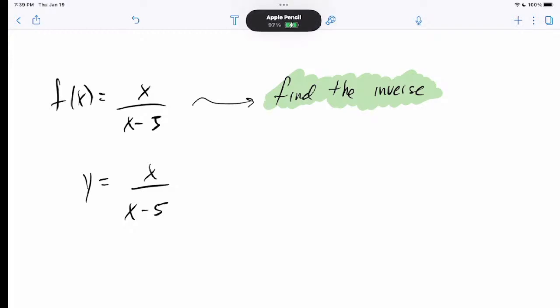Do you want me to let you guys try this one? It would be worth it to try to actually calculate the inverse of this. All right, I'll give you guys some time to try that. We can take it up. It would be good practice.